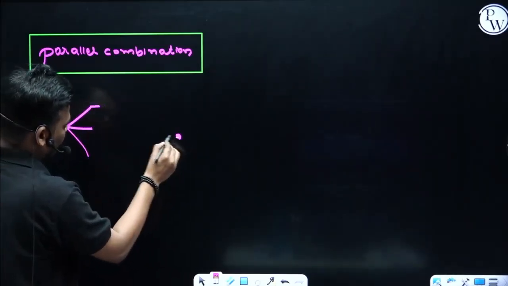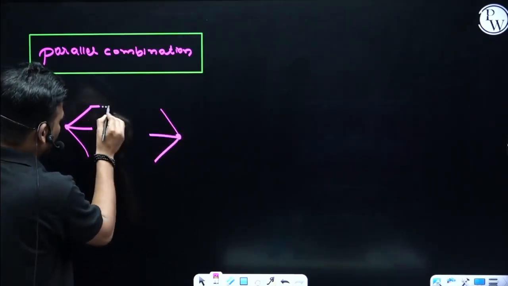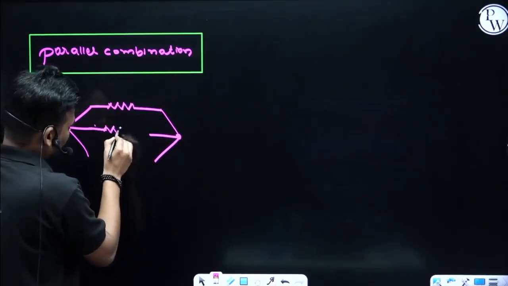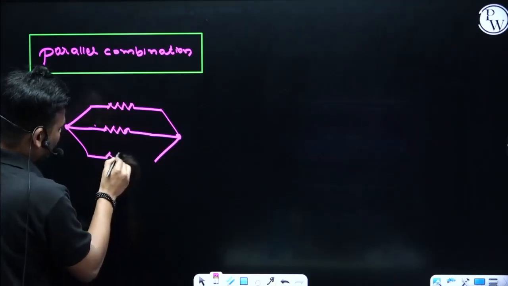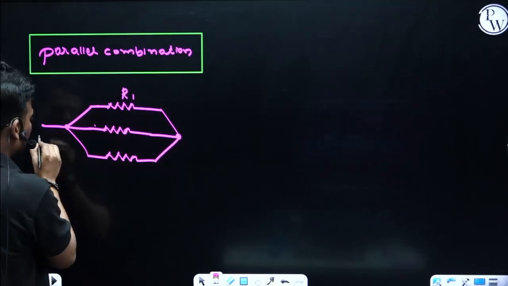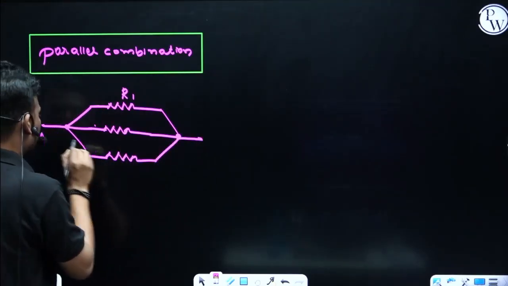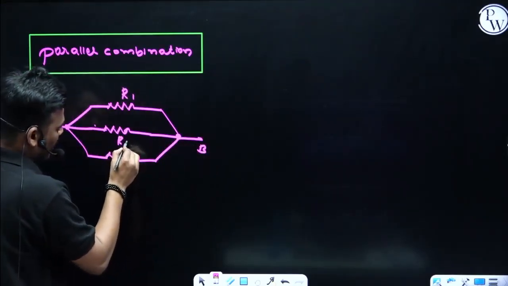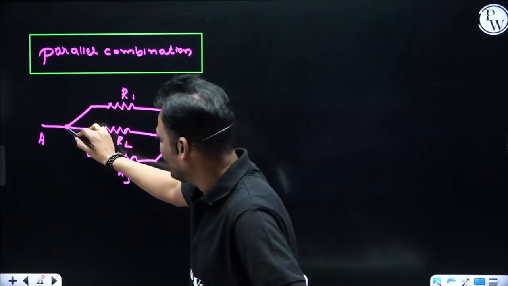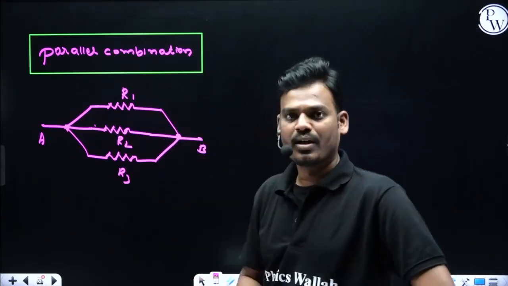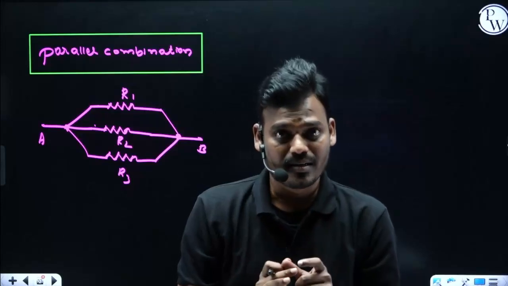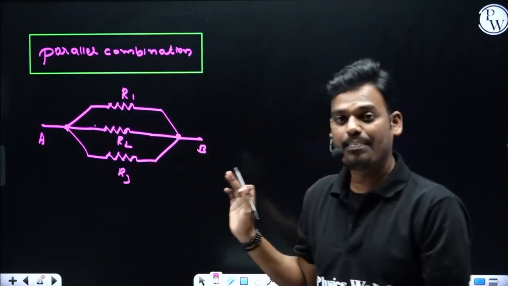For example, here I have considered 3 resistors between 2 points, connected one by one. Let me consider this point A and point B, and this is R2 and this is R3. How many ends are there? Only 2 ends, the A end and the B end. Between 2 terminals, all the resistors are connected. This kind of arrangement we call a parallel combination.